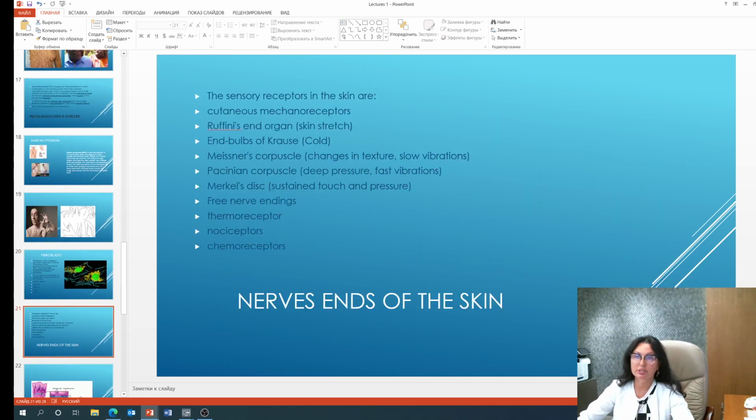Sensory receptors in the skin are cutaneous mechanoreceptors: Ruffini's organ, and the bulbs of Krause. Meissner corpuscles detect changes in texture and slow vibration.